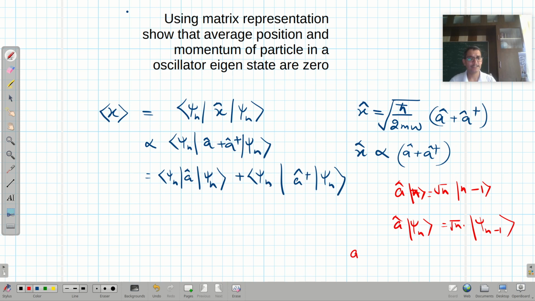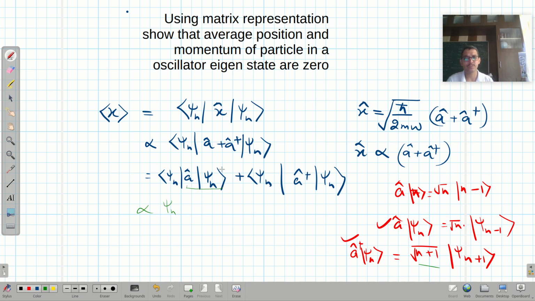Similarly, a dagger psi n can also be written as root of n plus 1, psi n plus 1. So I have to use these two values here. If I use them here, then instead of equality, let me write in terms of proportionality.